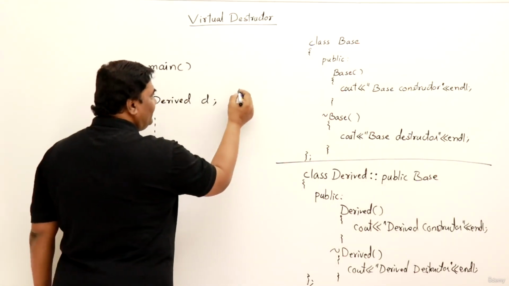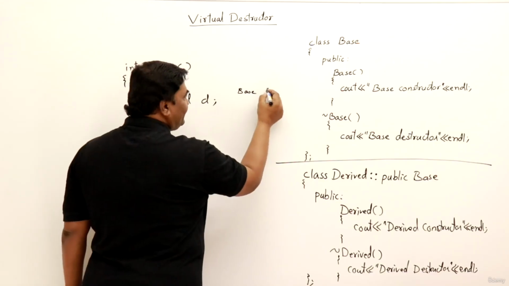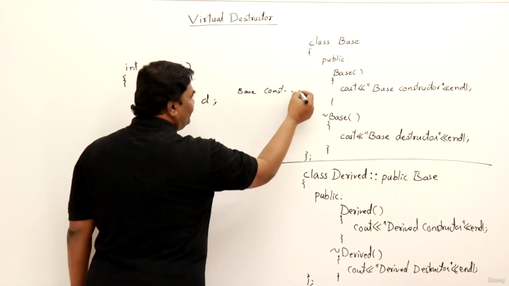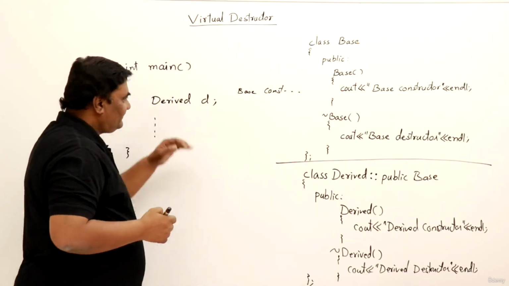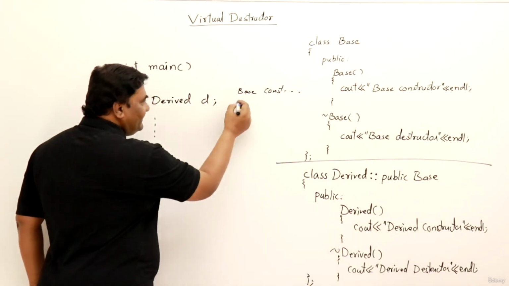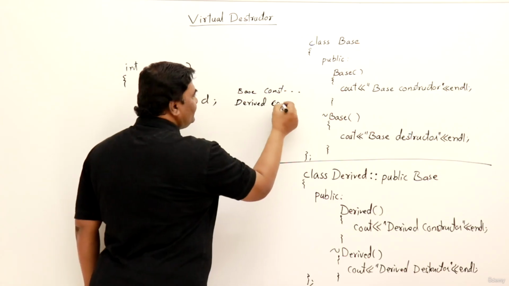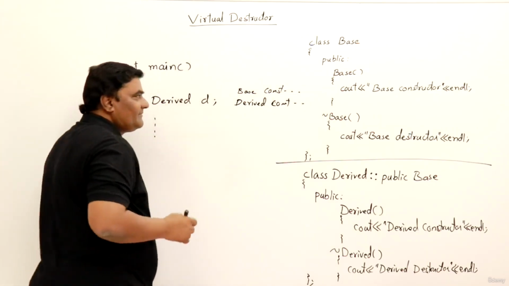This will be displayed on the screen if you run this program. Then after that, the derived class constructor will be called, that is derived constructor. So we already know this one.